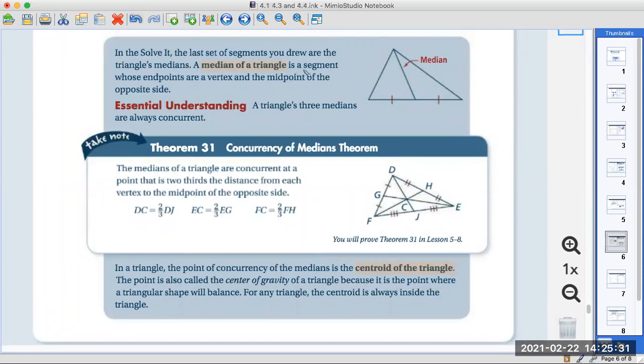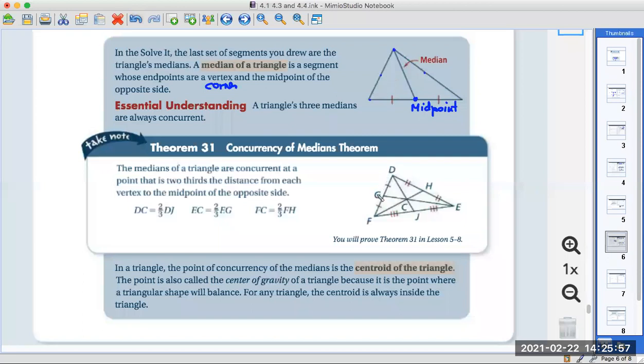A median of a triangle is a segment whose endpoints are a vertex, a corner. So you start at a corner and you go to the middle of the other side. That's a median. And you start at a corner and you go to the middle of the third side.